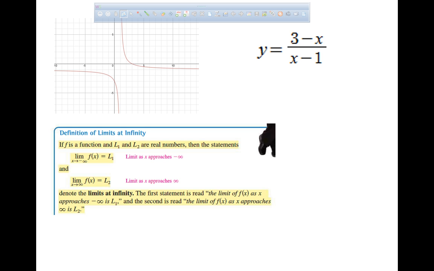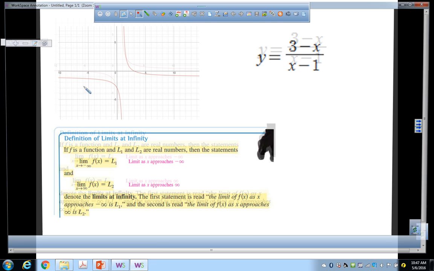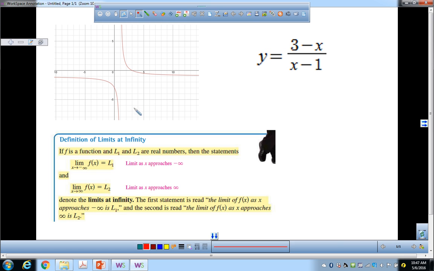So if I have this graph, which I made, don't tell anybody. If I see this graph right here, and I were to draw in a line right here, it has an asymptote, kind of going through there like that, right?